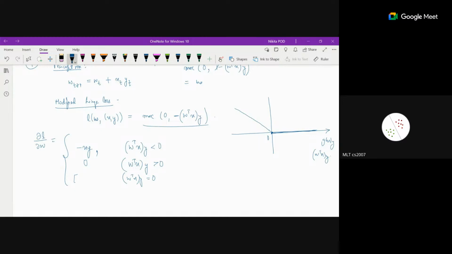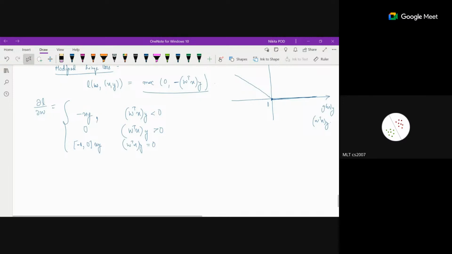If we take the derivative at this point, we can get any slope between minus 1 to 0 times xy.